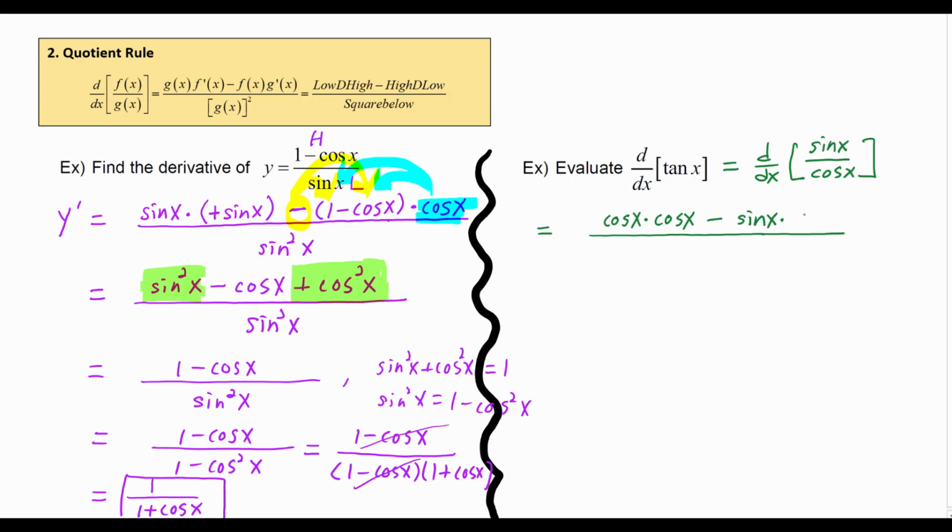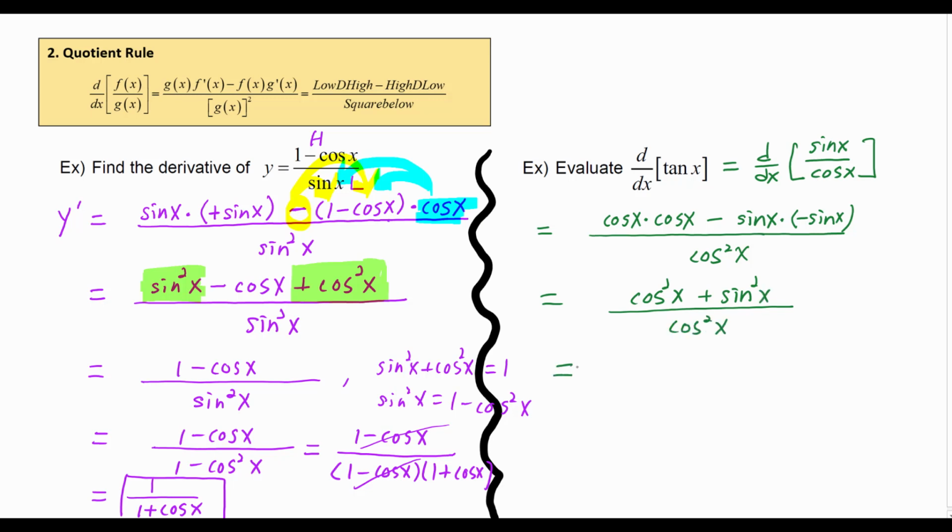Derivative of cosine x is negative sine x, over square below. So I gotta square the cosine x, which I get cosine squared x. Then my numerator becomes cosine squared x. Negative sine x times negative sine x gives me positive sine squared x over cosine squared x.